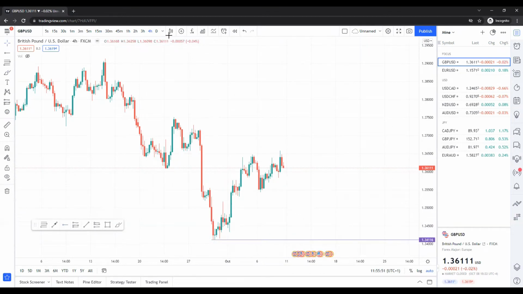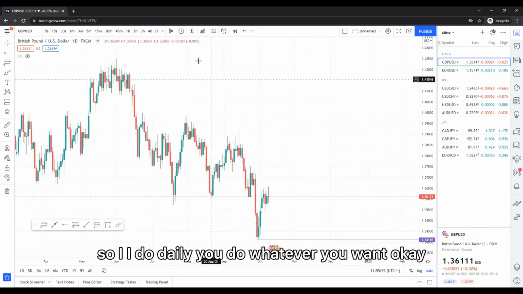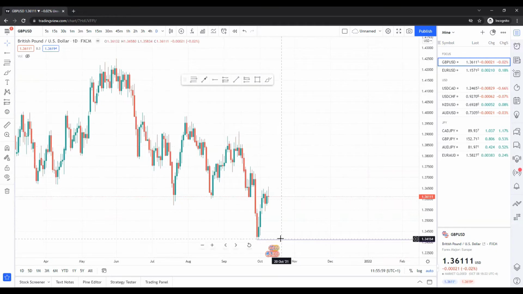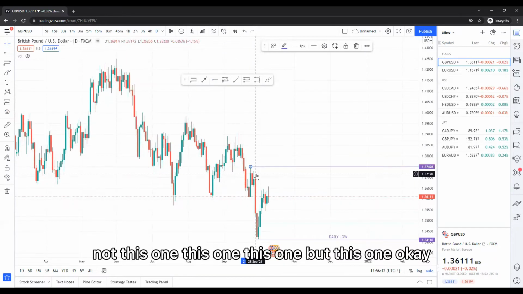I do the daily, you do whatever you want. I mark the daily low, and then go with the daily high, which is this one, not this one, but this one.